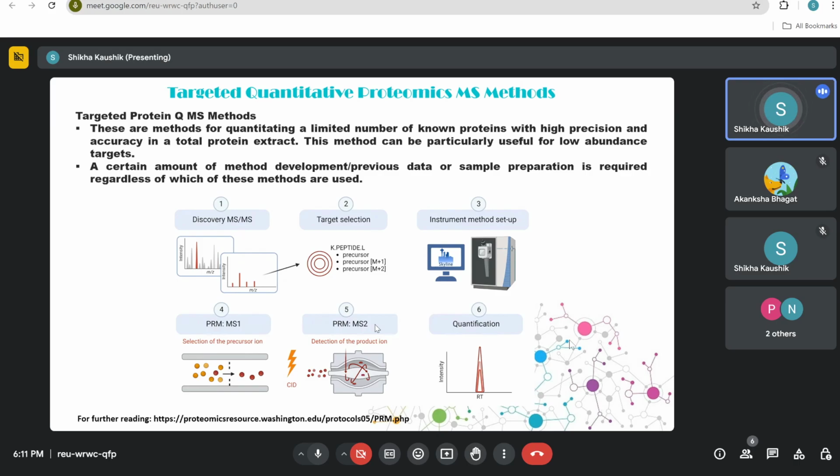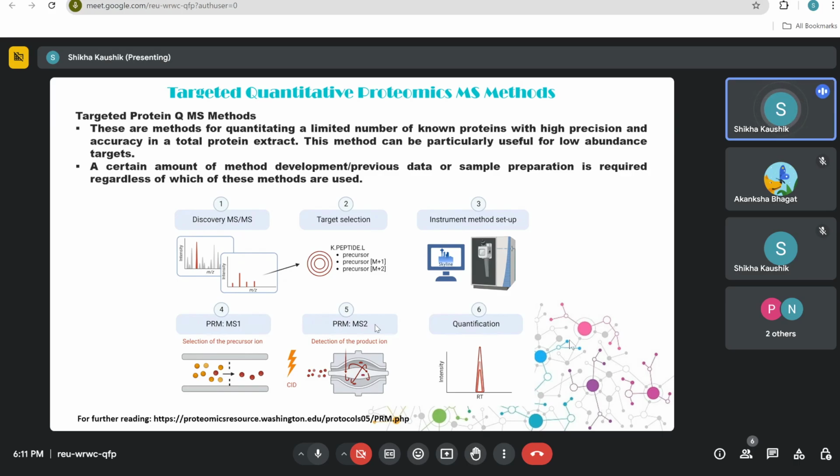So as I've mentioned, whenever you are doing any kind of proteomics, you treat your sample, you make your sample in a form that it can be readable. For example, if you are not going to treat your sample in terms of its complexity, you may have a masked result, and that will not be accurate.